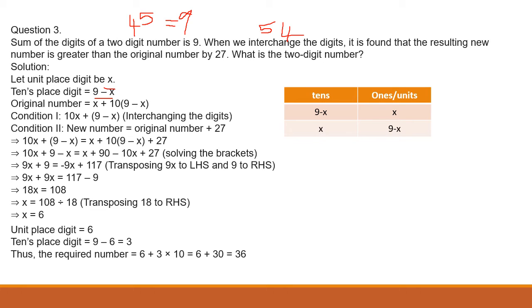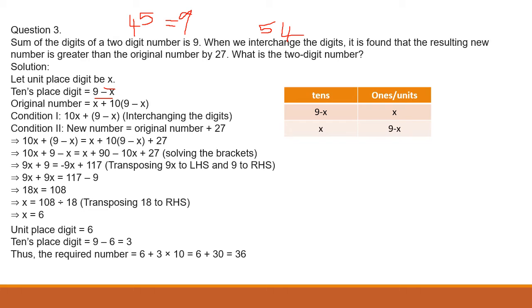Children, 10x minus x means 9x, plus 9 is equal to, see here, x minus 10x, that is minus 9x. When we subtract, x from 10x gives 9x, but 10x is the greater term and its sign is minus, so it carries minus 9x, plus 90 plus 27 becomes plus 117.